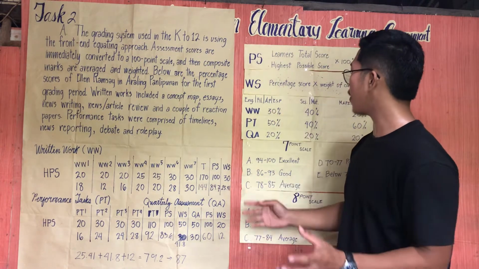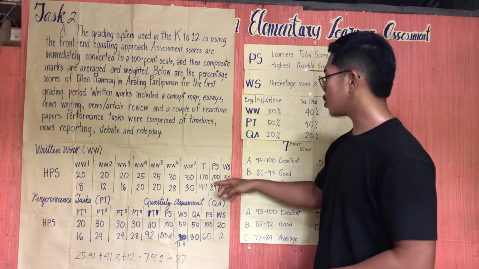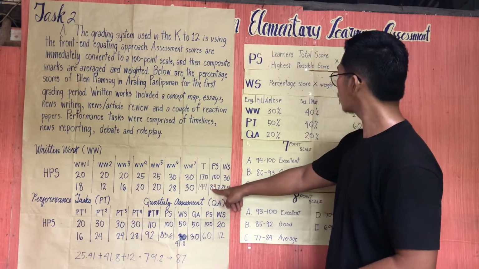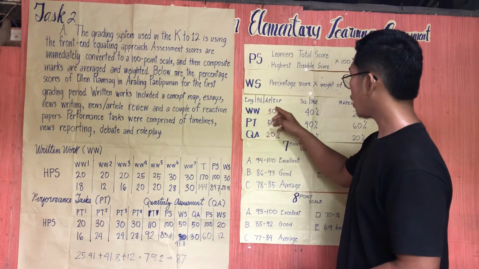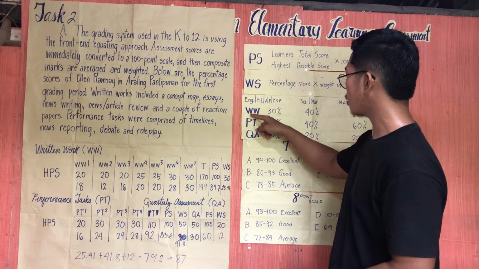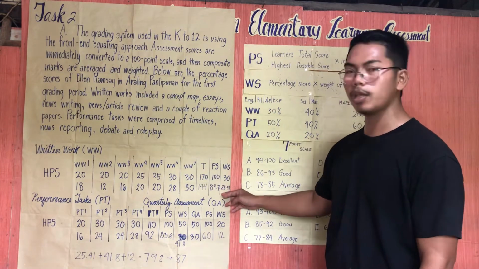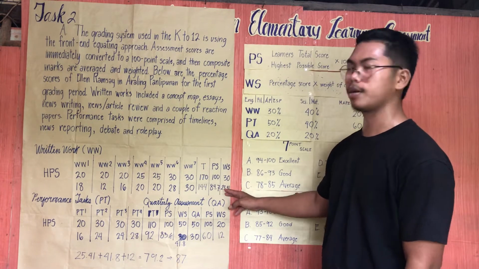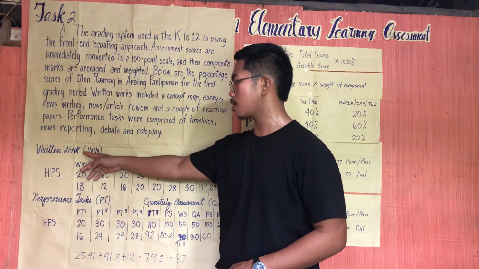So we will now find the weighted score: percentage score times 30%, because for Araling Panlipunan the weight for written works is 30%. And so we find 25.41. So that is for the written work.